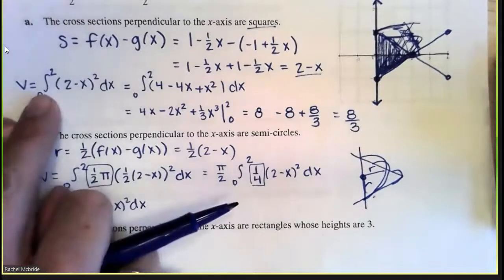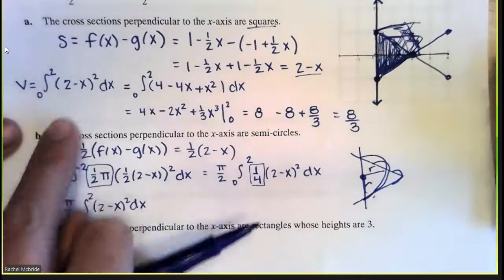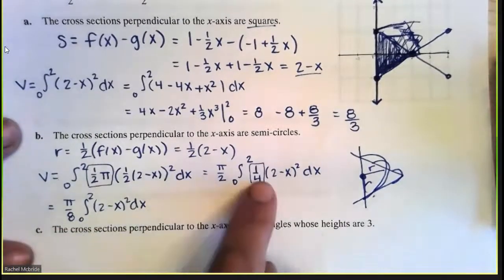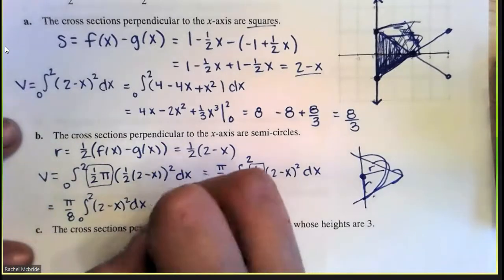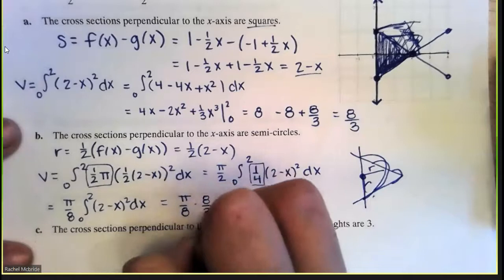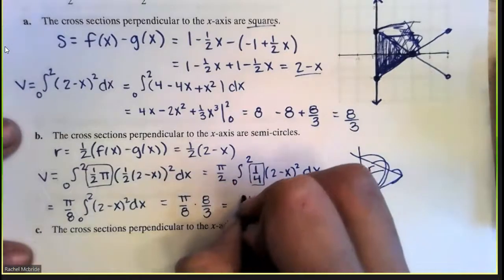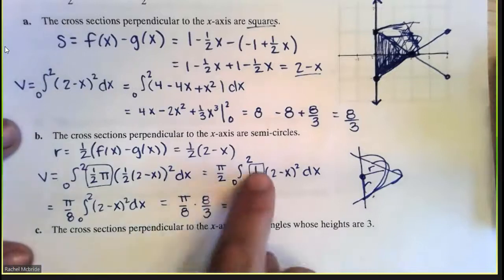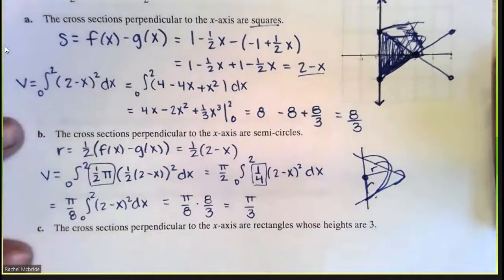But what do I already know about 0 to 2 of 2 minus x squared? I already did that. So by taking out that 1/4, I can now say that this is pi/8 times 8/3. And the volume of this semicircles is pi/3, because I can simply substitute in my answer from part A.